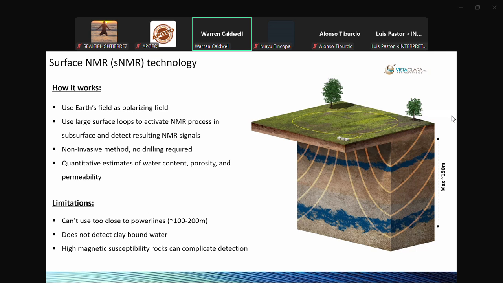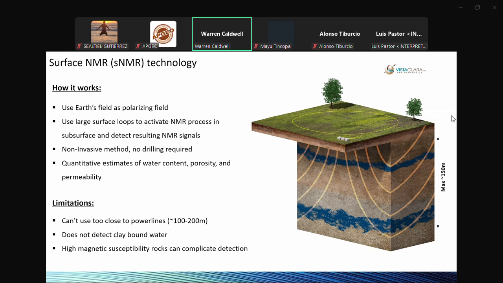So the advantage of this method is that there's no drilling required. It's completely non-invasive, and it provides essentially the same results, the same data products as the borehole NMR, with a few variations.